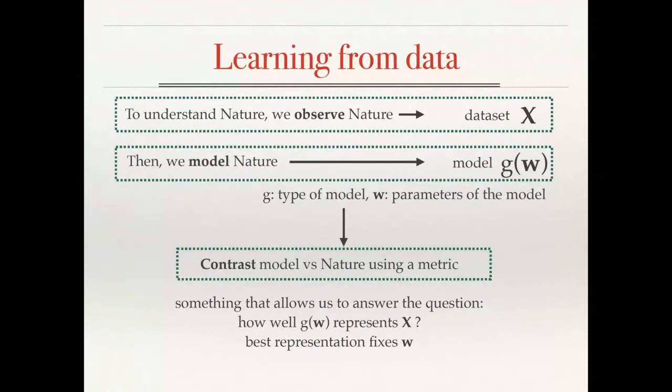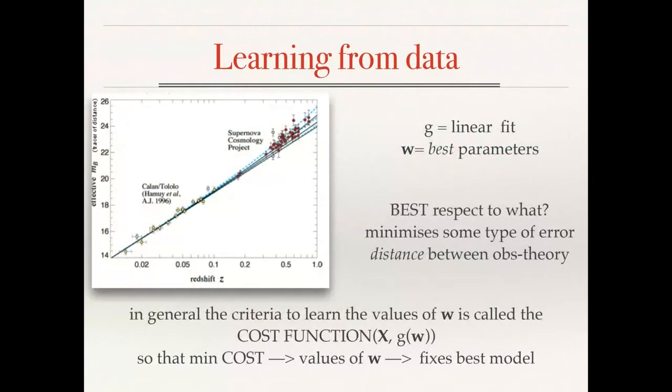Now, I know that this all sounds very abstract and maybe not super clear, so let's move to a particular example. Here, I'm showing a set of points, of measurements, that tell a relation between the distance and the redshift.